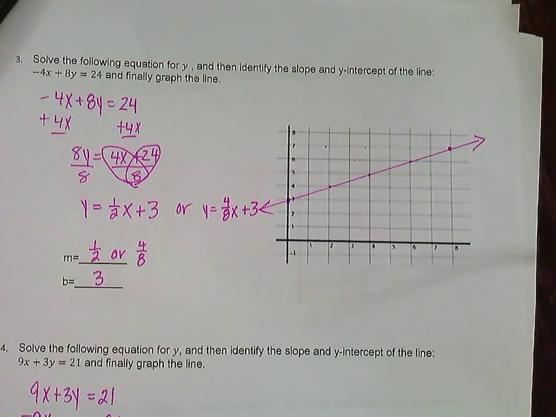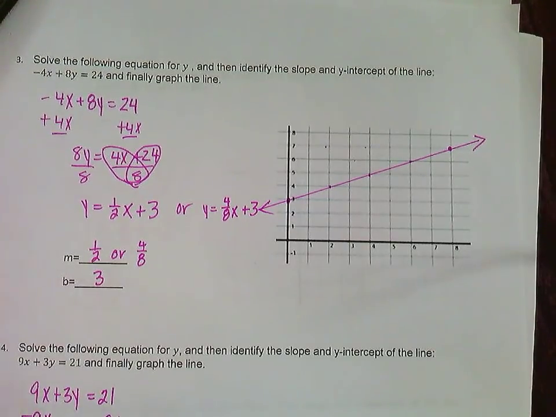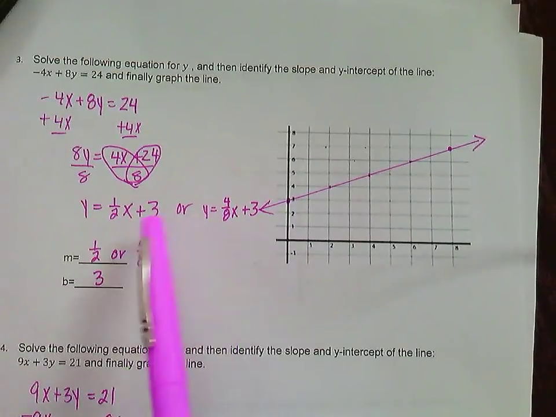At this point, I want you to go ahead, turn the page, try number 3 on your own. When you're done, pause the video and see if you have the correct answer. Okay, here's my work for number 3. I added 4 to both sides, and then I divided by 8. You'll notice I have 2 different sort of answers here.